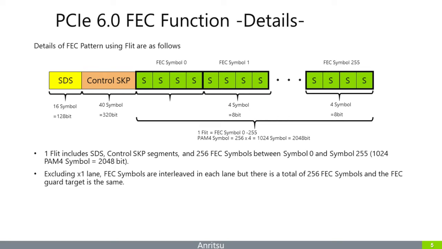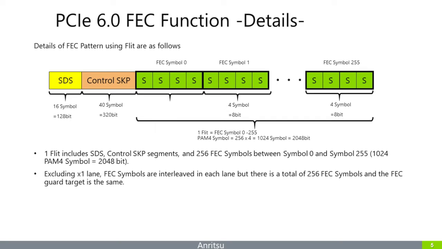And again, one flit consists of 256 symbols, which means one flit consists of almost 2,000 bits. Then 1 byte error can be corrected, or 2 contiguous byte errors, that will be 16 bits, can be corrected by FEC.